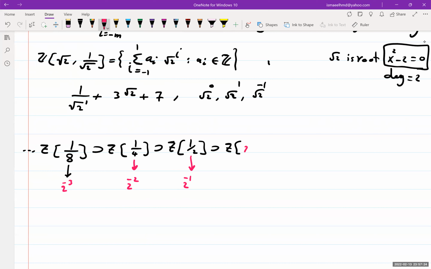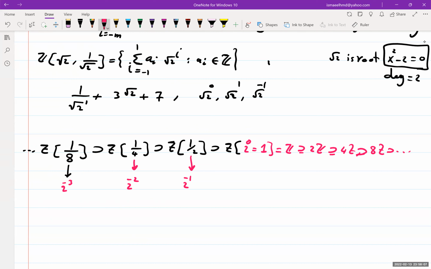Here 2 to power 0 is the same as 1, and Z of 1 is the same as Z, and this Z contains 2Z, the set of even integers. Also, this one contains 4Z, and this one contains 8Z, and so on.